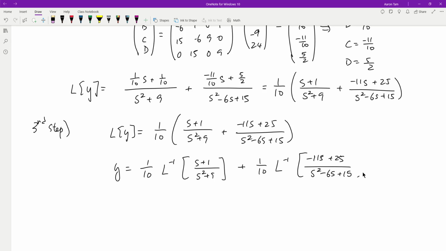I have to make sure I don't confuse my s and my 15 and my 5.